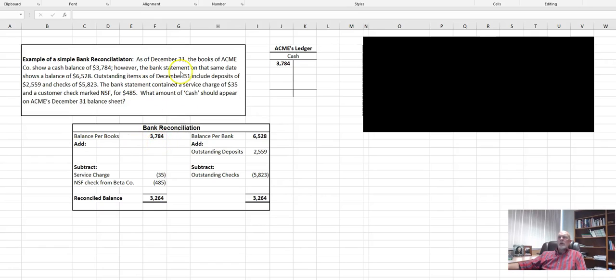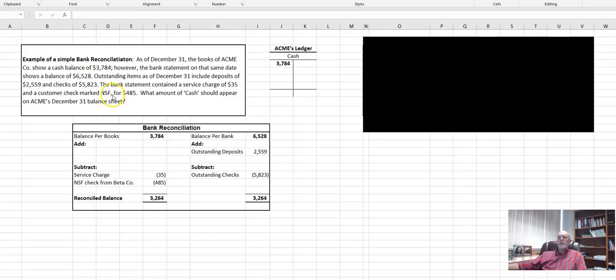However, the bank statement on that same day shows a balance of $65.28. So that would be our balance per the bank. So our books, which come from our ledger, say that we have $37.84. The bank says we have $65.28. We're going to update both of those numbers in order to reconcile the two.